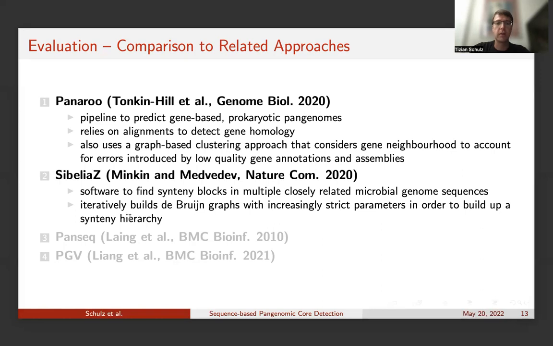Actually, it was developed to find synteny blocks within multiple genomes. But if we add a quite straightforward post-processing step, we can also use it to predict sequence-based pangenomic cores. And we did so because, as far as we know, there is no other approach except from our own approach that is actually able to calculate a sequence-based pangenomic core yet. Then there were also two other approaches that we wanted to compare against, but due to different reasons, this was not possible, unfortunately.